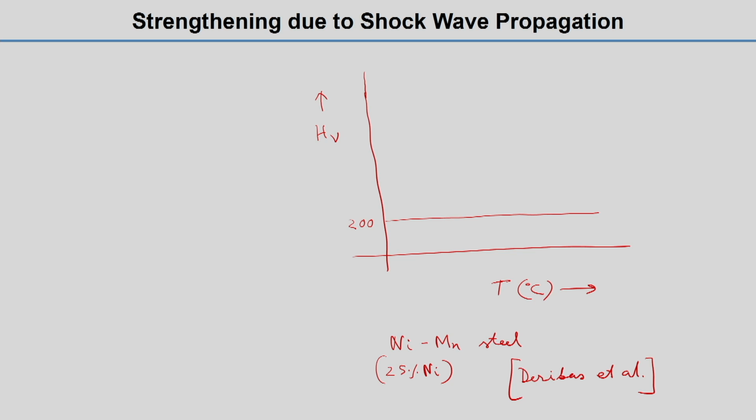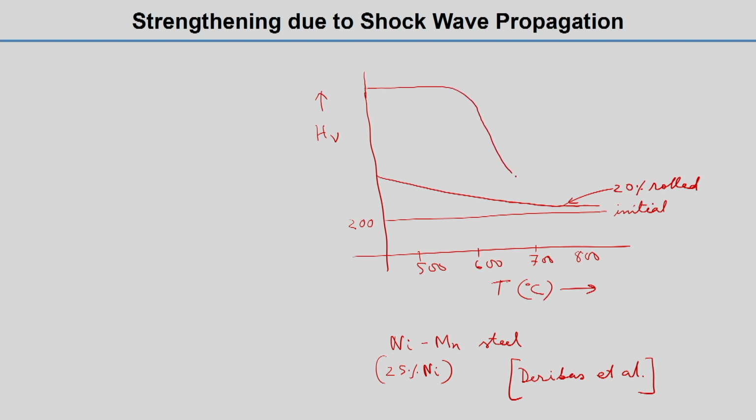If we do 20% rolling, the hardness will increase and then decrease with temperature. Again, if we do 40% rolling, it will look something like this. This is 40% rolled.